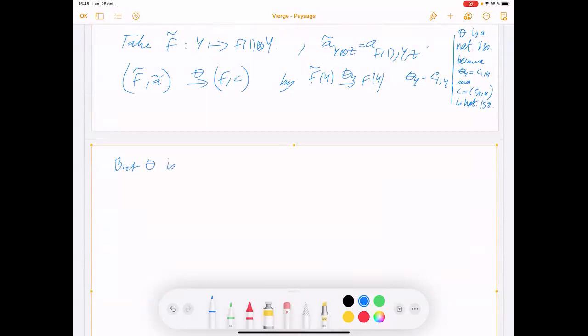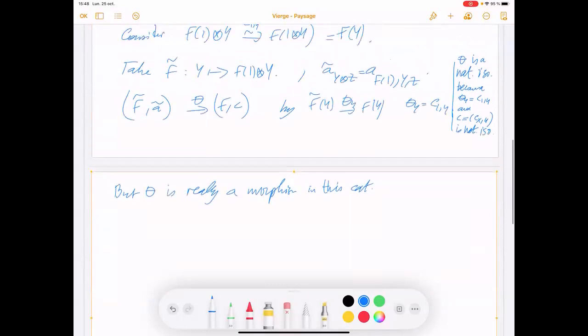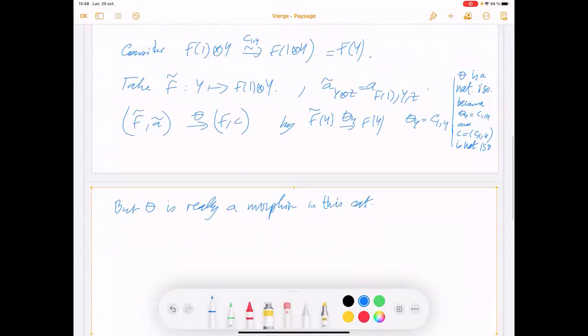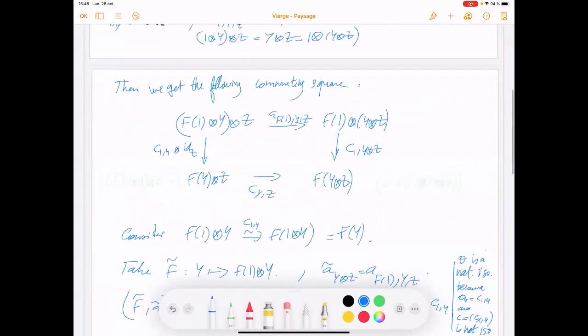Theta is really a morphism in this category exactly because of this diagram.